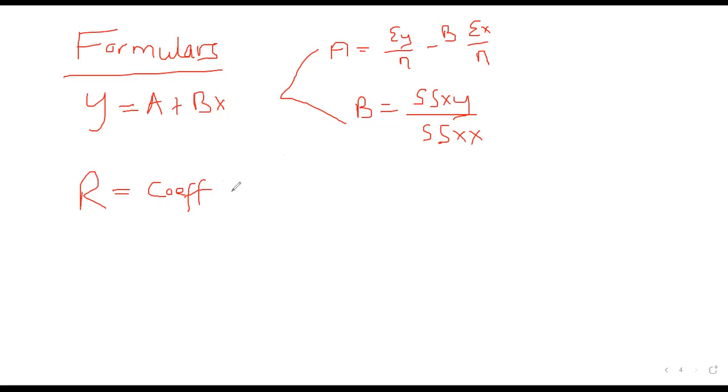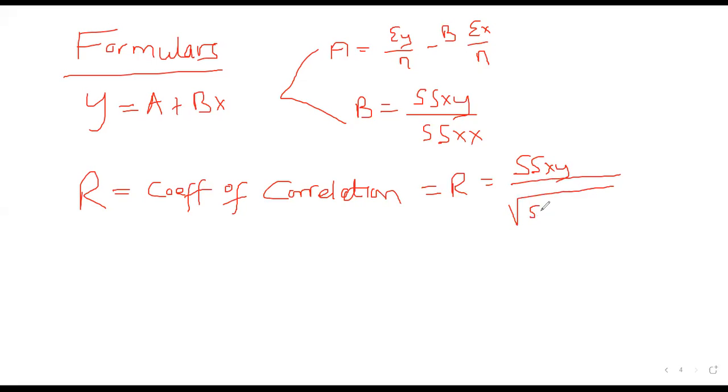So coefficient of correlation is given by the formula R, which is given by summation of xy over square root of summation of xx times summation of yy. And our R squared is simply when we multiply R times R. That's all. Now the question is, what are these xx and yy?